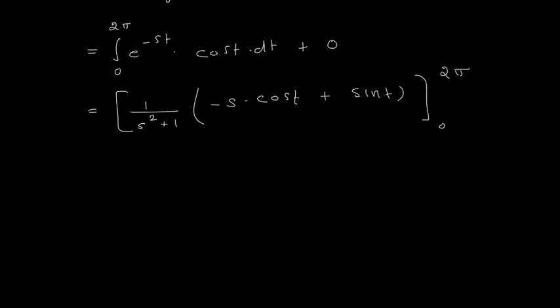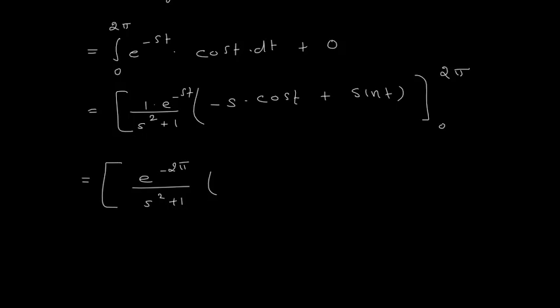This is equals to, now first e raised to minus st is also there, 1 into e raised to minus st. Okay, so when I replace 2 pi, it is e power minus 2 pi upon s square plus 1.